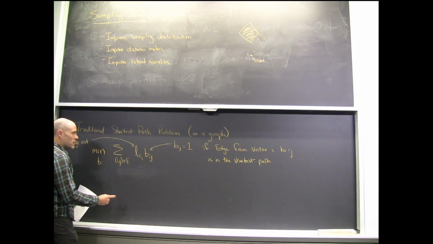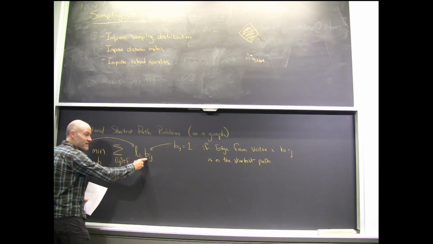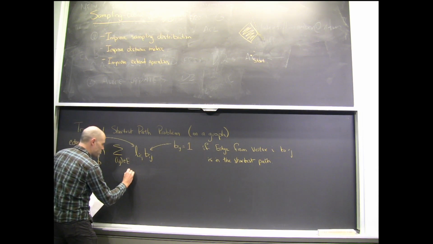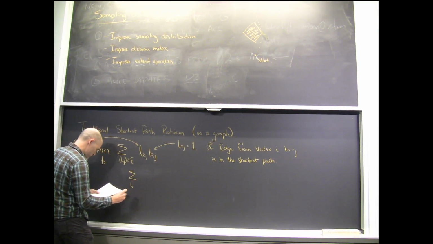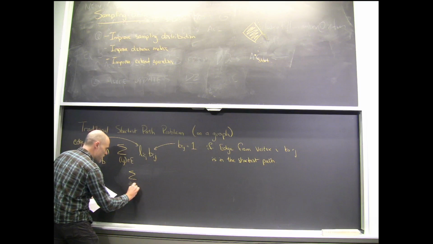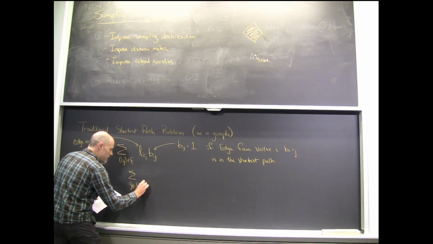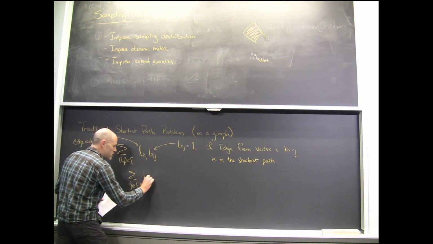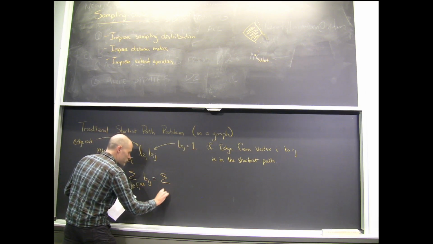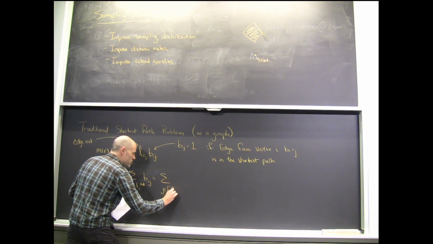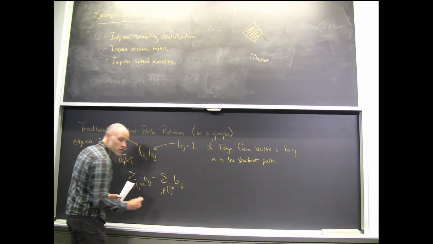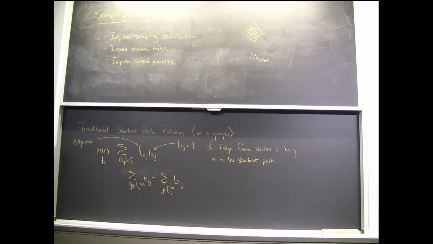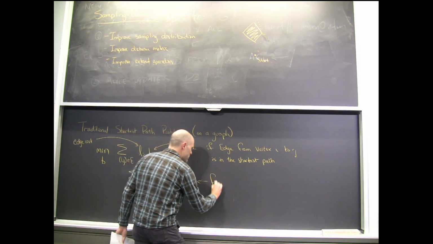Okay? Now I need to make this a consistent path. Okay? So the way I'll do that is, for instance, to say, sum over J in E, I in, equals sum over J in E, I out. Okay, this is the flow constraints.